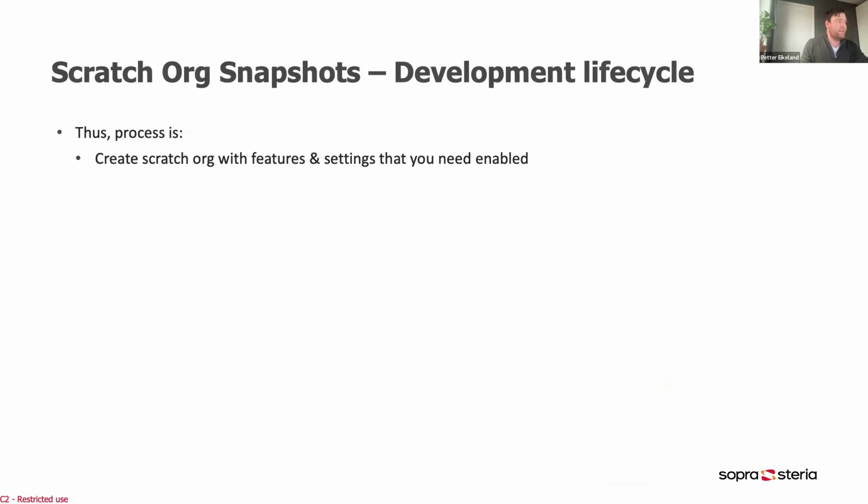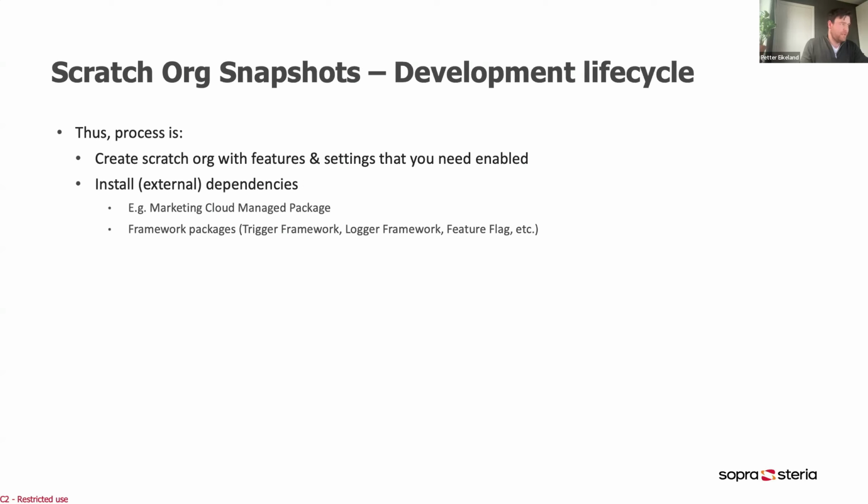So the process is that you create the Scratch org with the features and settings that you need enabled, given the JSON file, the project-scratch-def.json, or using the Scratch org shape. Then you install all the external dependencies.